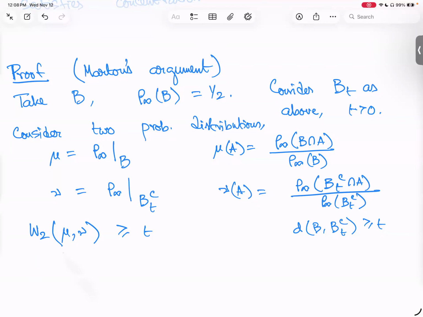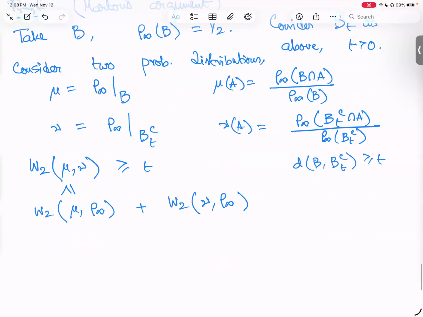But by the triangle inequality, this must be less than or equal to the W2 distance between mu and rho infinity plus the W2 distance between nu and rho infinity, because W2 is a metric and it satisfies the triangle inequality.